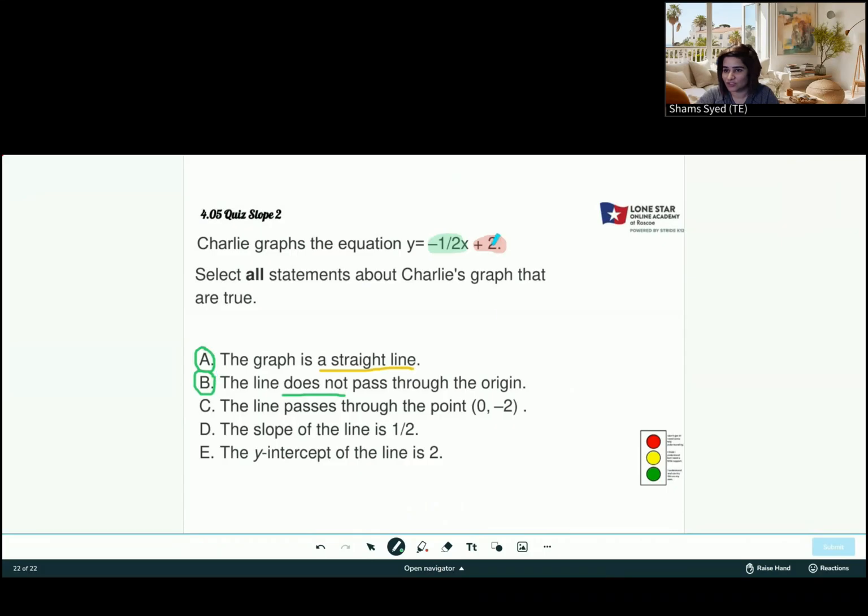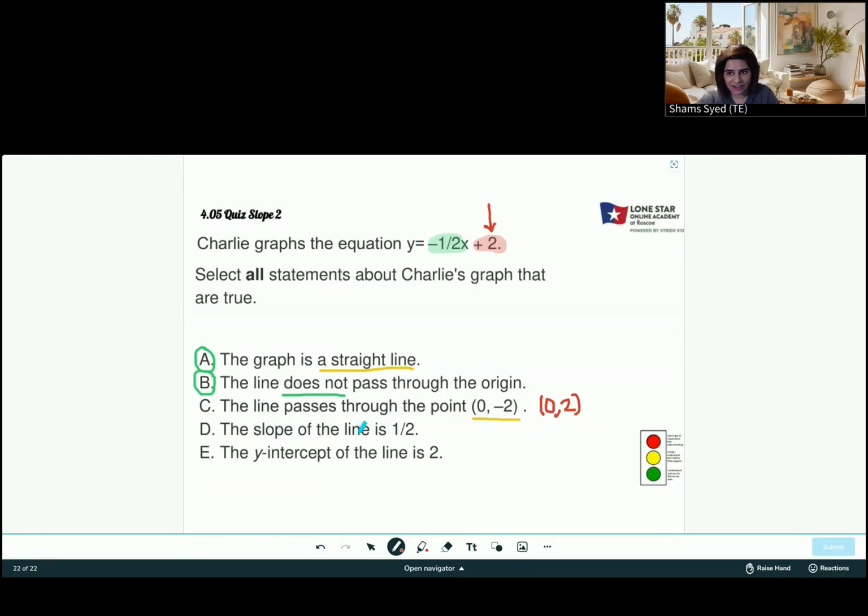The line passes through 0, negative 2? That is not correct, because it's a positive 2, so it's actually going to cross through 0, positive 2 from over here, the y-intercept.